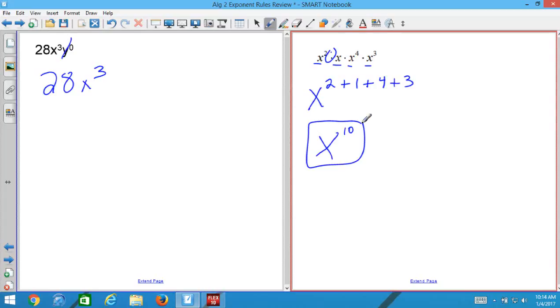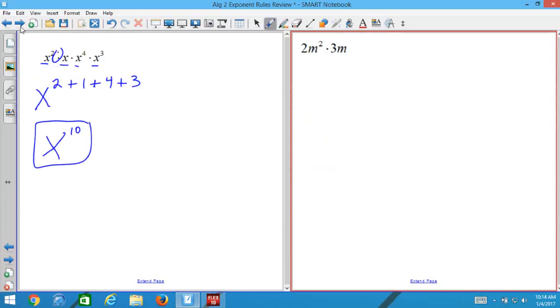Okay, next question. Now, when you have numbers there, coefficients, and you have bases, you are going to treat them differently. The 2 and the 3, the coefficients, you just multiply them. Yeah, you just do what you normally do. But the m's, those are the bases that have exponents on them.